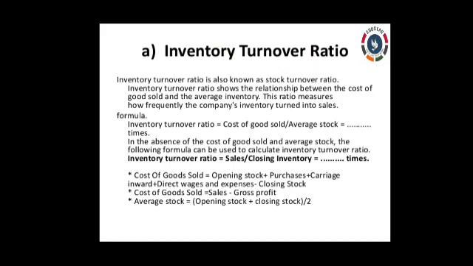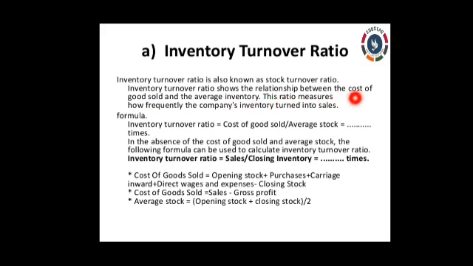We manufacture the goods and keep them in our godowns, and from the godowns the stock is taken to our market. It expresses the relationship between cost of goods sold and average inventory.